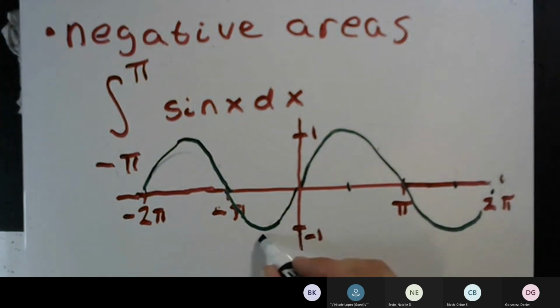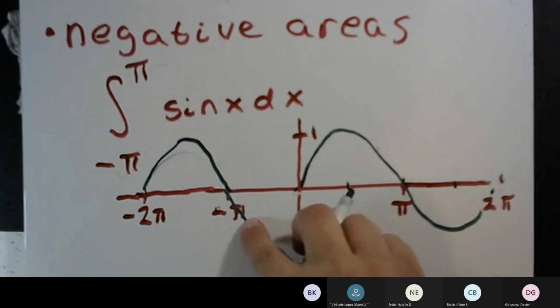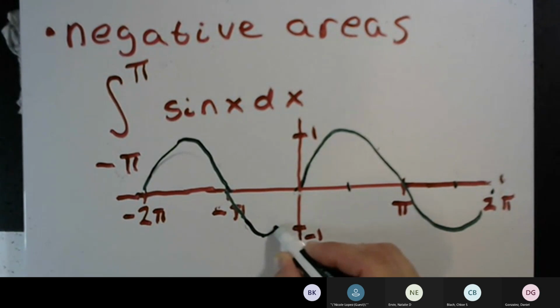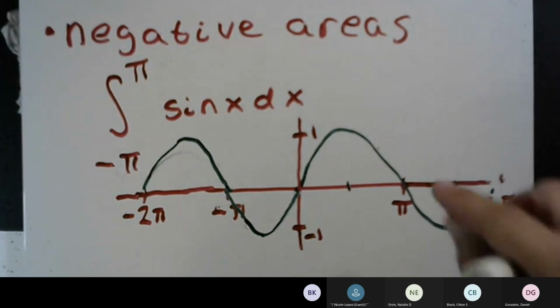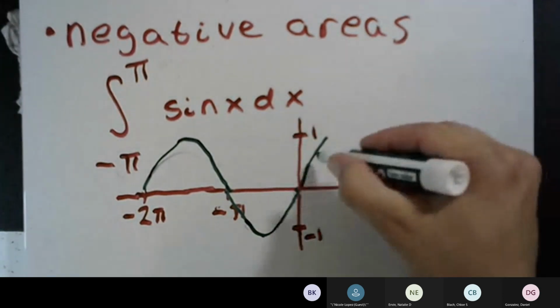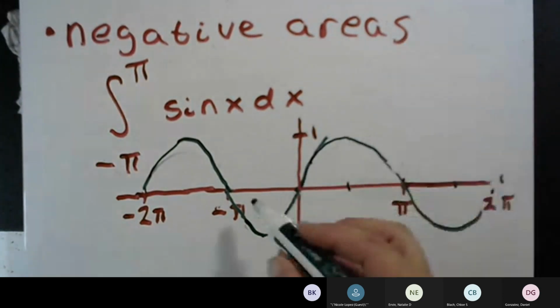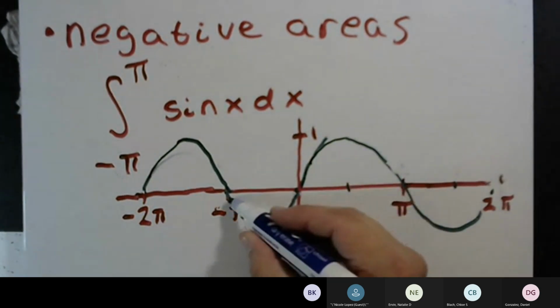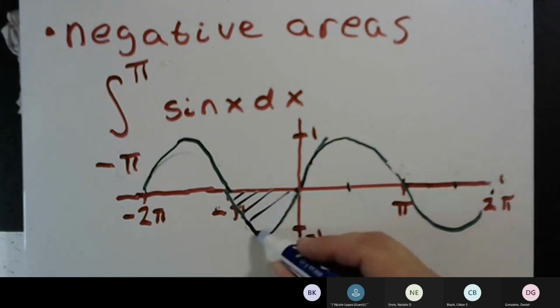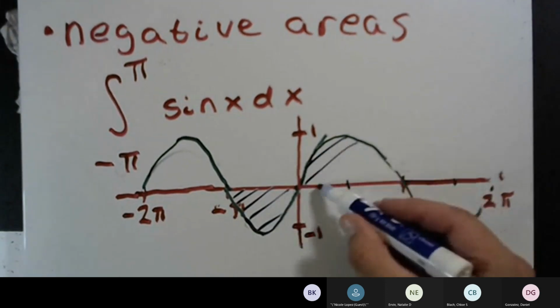Let me drop this down. So when we're thinking about the area from negative pi to pi, and again, I apologize, I've got artistic license going on here. But we have these two areas.